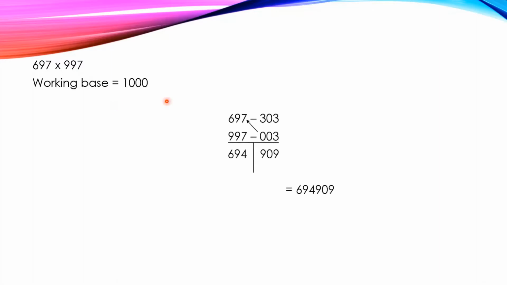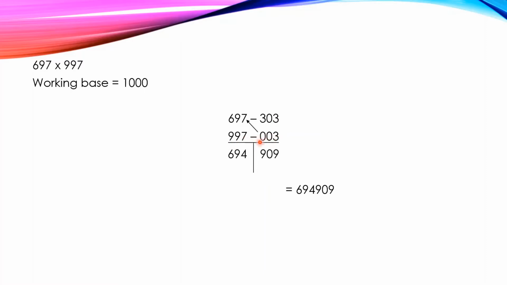Now, can you multiply 697 multiplied by 997? Here, our working base is again 1000, as it is nearest to 997. So 697 is 303 less than 1000, and 997 is 3 less than 1000.